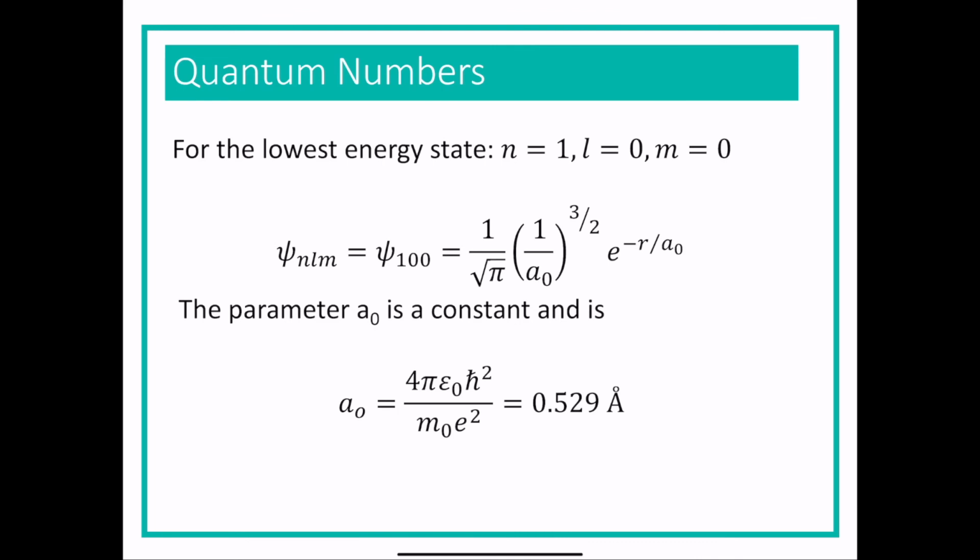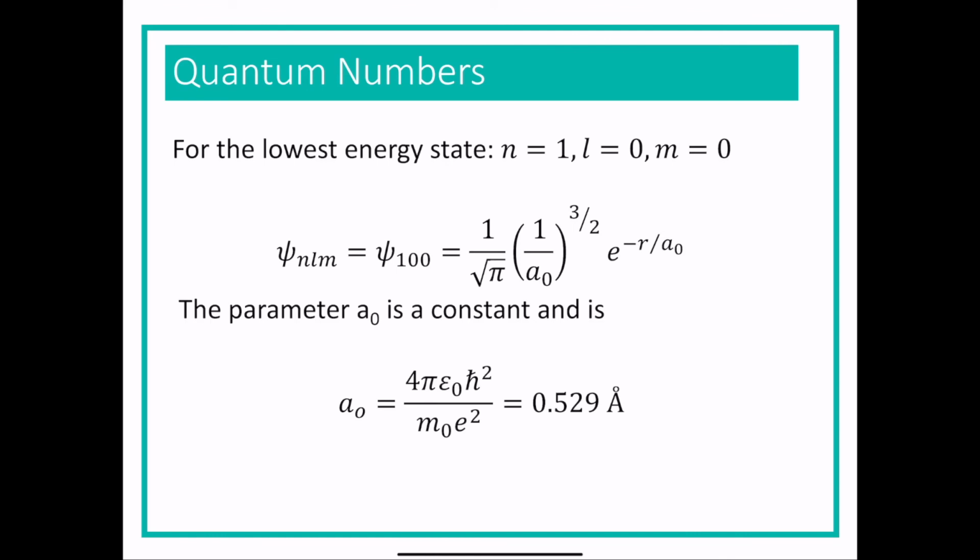And that is actually the Bohr radius of the electron. All those constants multiplied together equal the Bohr radius that was discovered many, many years ago. So it is part of figuring out where the electron is.